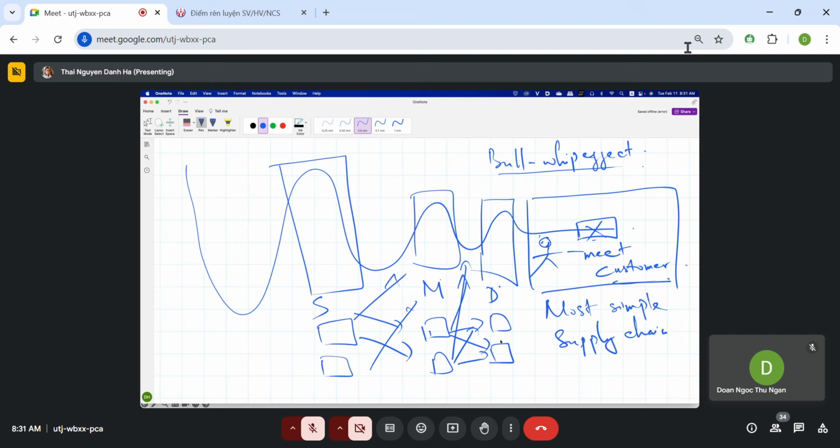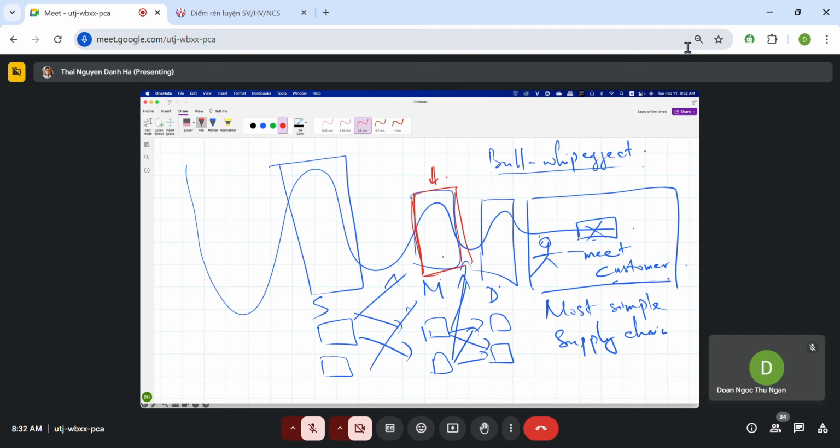Because we have a lot of stakeholders in our supply chain, how can we predict the yield or the output of the manufacturer here? Sometimes we just focus more on our manufacturer, because in this class we are solving the whole problem from the view of the manager of the manufacturer, the operation manager.